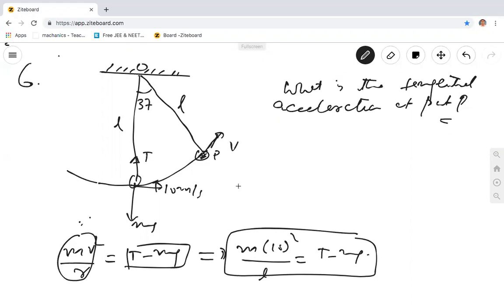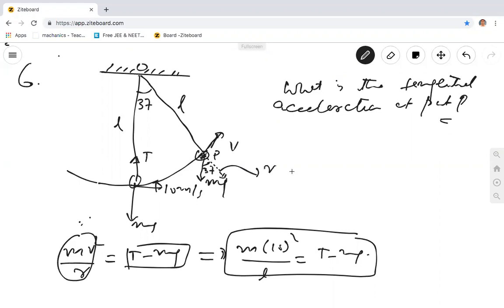How to do it? You concentrate here. Mg is downwards, is it? Mg force is vertically downwards. What is this angle? 37. Okay. Can anybody tell me what is the component of this force along this direction?